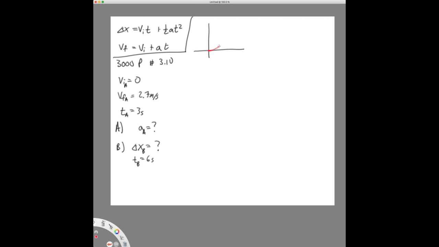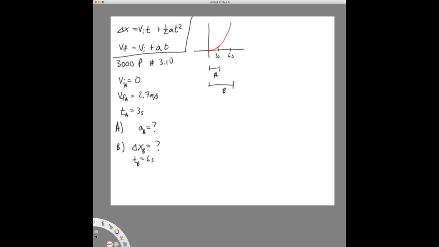And then it says constant acceleration, so however curvy it is, it must stay just as curvy the whole time. So here's 3 seconds, and here is 6 seconds. Part A is talking only about this, while part B talks about the whole thing. So having this graph can help us organize our thinking.